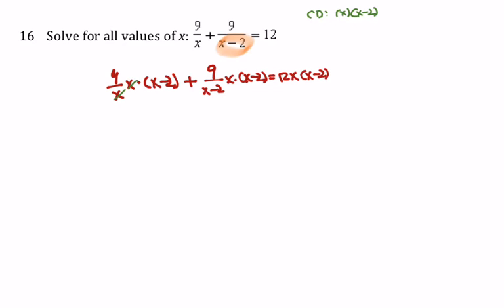Now, then x cancels out, we get 9x minus 18. X minus 2 cancels out, we get 9x. And then the last one is 12x squared minus 24x.